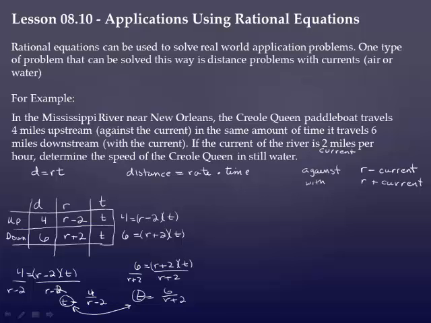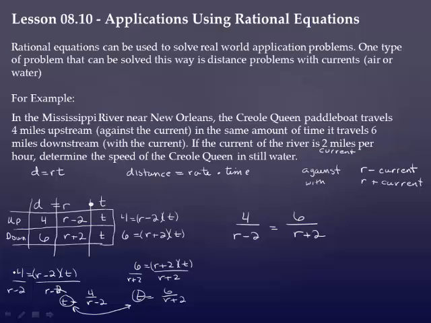That means that 4 divided by r minus 2 is the same as 6 divided by r plus 2, because the time is the same no matter what. Also, it can be helpful when you're making your chart to write D equals RT, just a side note.